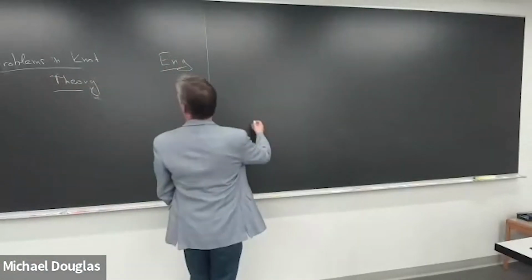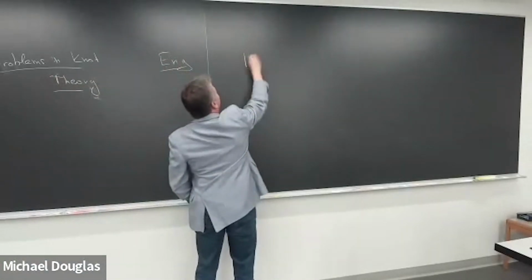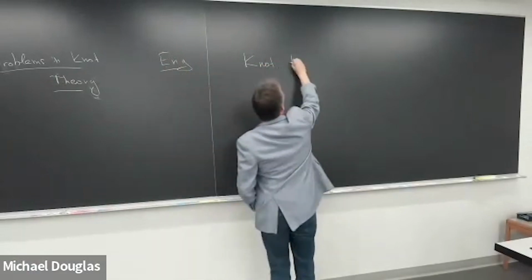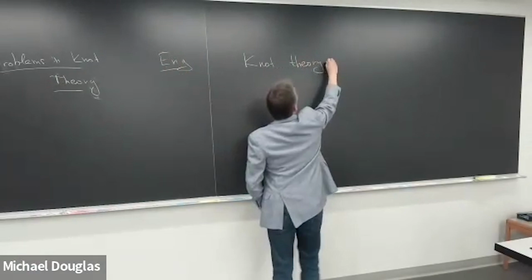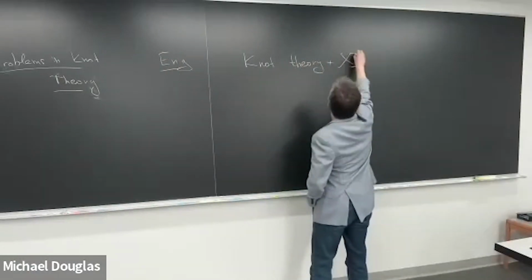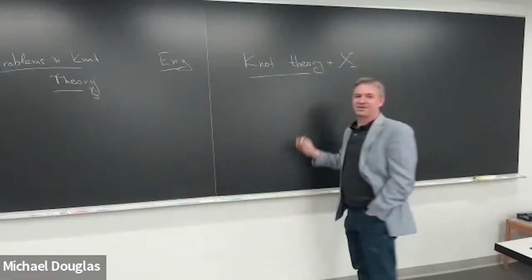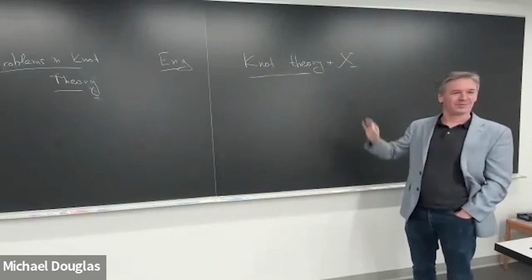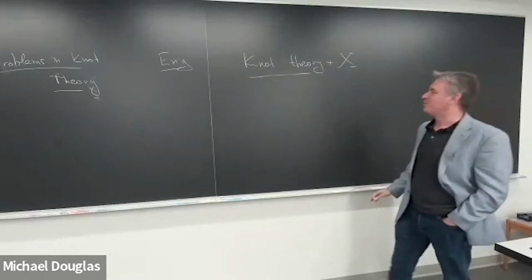And then we can have a whole category of either topics or problems in knot theory plus X. So I think if X is group theory, this could be a whole separate category. There are lots and lots of questions which bring us to group theory.